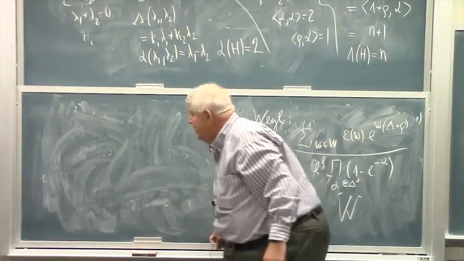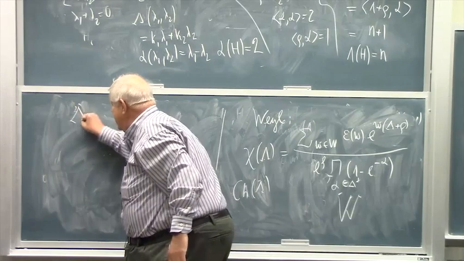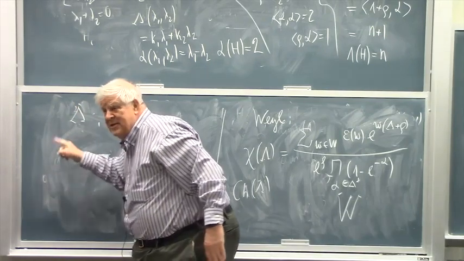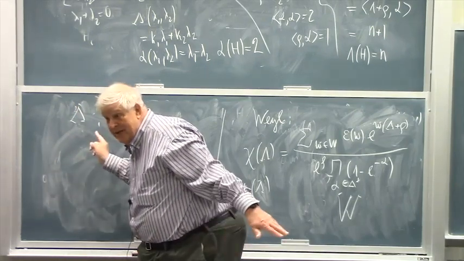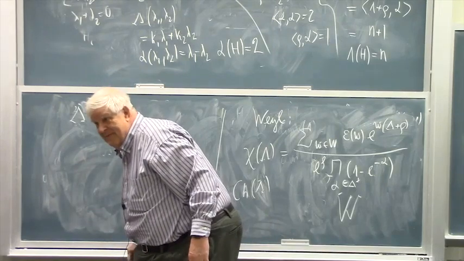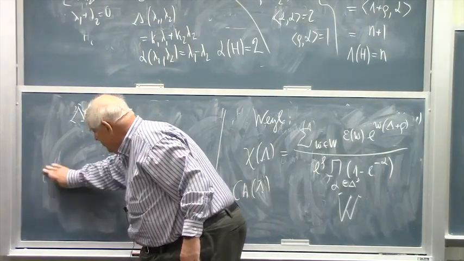It is the following. So we have two things, lambda and lambda, right? Lambda is the highest weight. Lambda is just a weight. And also there is rho. Now the formula is the following.